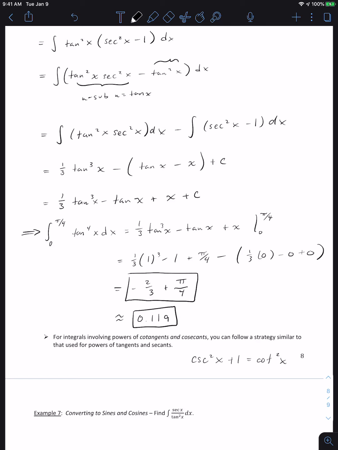Might be a plus, I can't really remember. But if you manipulate that first trig Pythagorean identity, you can get the corresponding identity that you need here. So if you ever get cotangents and cosecants, you can still follow the same methods that we just looked at.